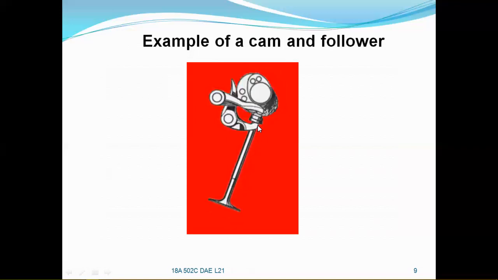So it is the best example of cam and follower in IC engines.